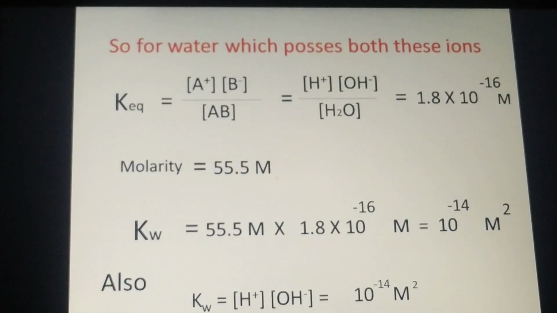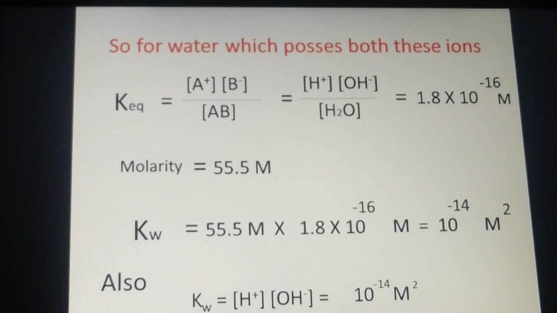Now for water, which possesses both these ions, that is H positive and OH negative, K equilibrium is equal to concentration of H positive into concentration of OH negative divided by concentration of water. So it is equal to 1.8 into 10 raised to power minus 16 molar. We know that the molarity of water is 55.5 molar.